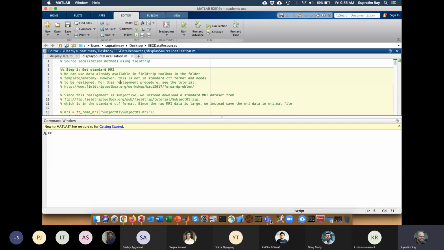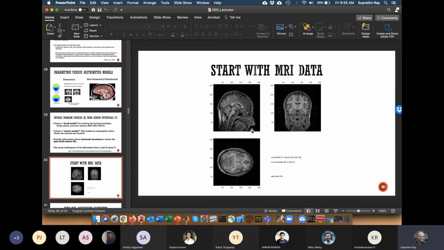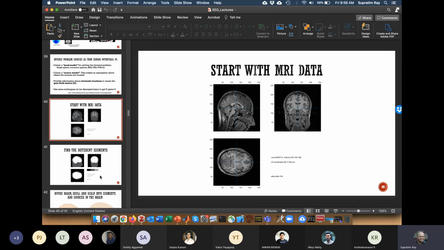So you start with the MRI data. You take the MRI of the subject, and this is how it looks. If you've only done EEG but not MRI, you could take a standard template and assume that is the structure of anyone's brain.